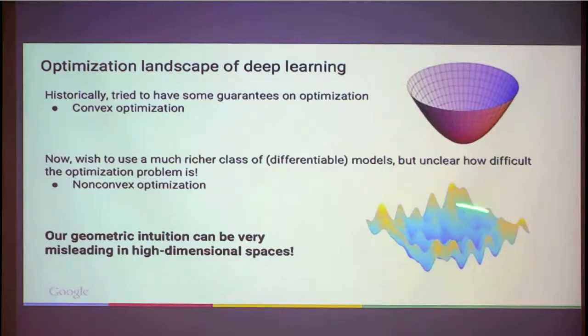But if your landscape looks like this, for instance, you have no idea what the quality of these different minima is. What if the one that has a much lower cost is somewhere over here, but you get stuck over there? So this is a highly non-convex landscape.